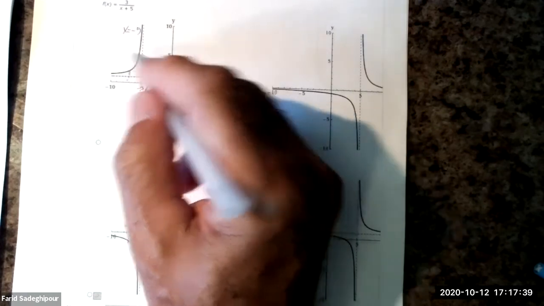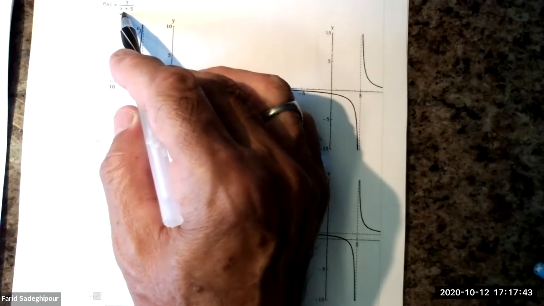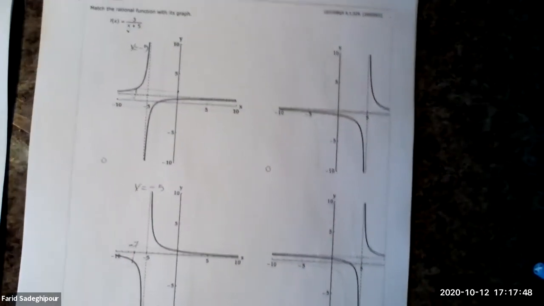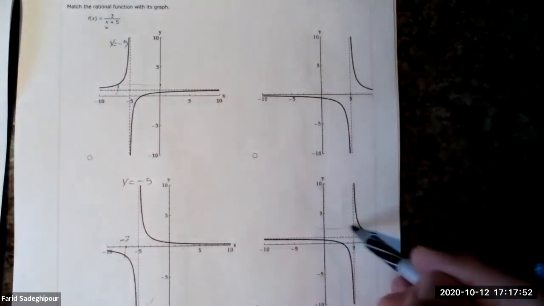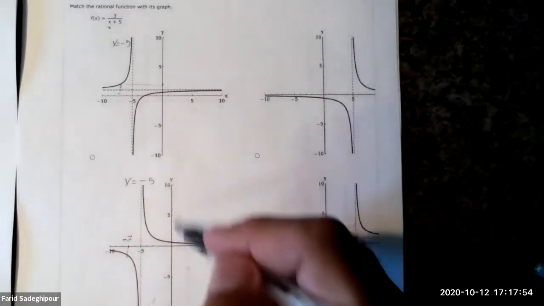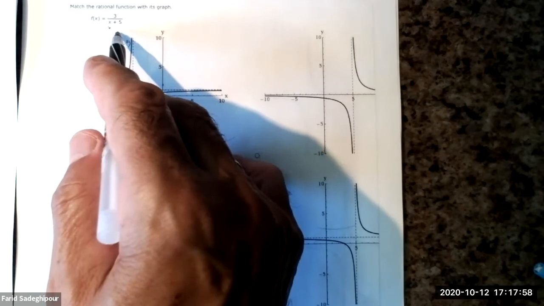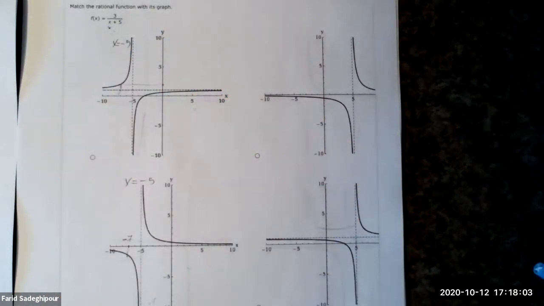So this is not the right function, because when you put a -7 in the equation, it should give you a negative number like this one. So you find the asymptote that would eliminate 2 of the graphs, and just give you 2. And then in these 2, you could just pick a point, take a point of x, substitute for y, and see which one of these 2 graphs has that.